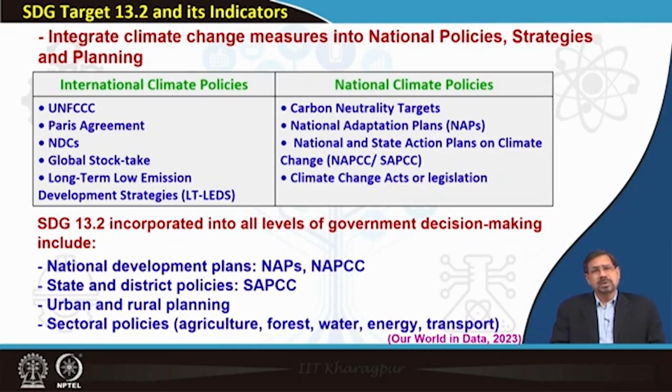Then we will talk about state and district policies in terms of SAPCCs, the state action plan on climate change. We will discuss urban and rural planning, and also sectoral policies in various sectors such as agriculture, forest, water, energy and transport.